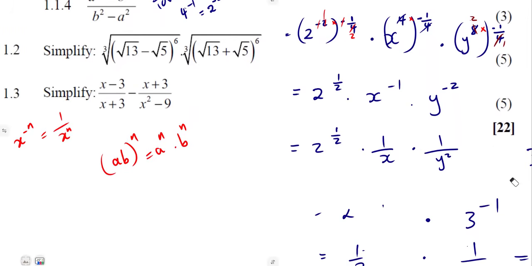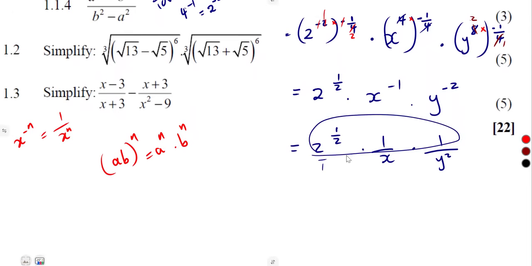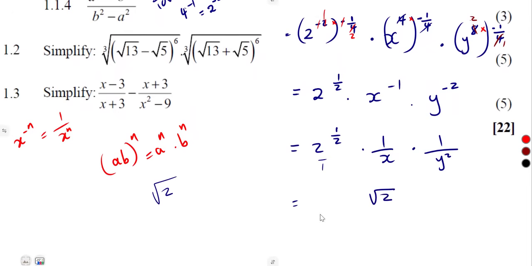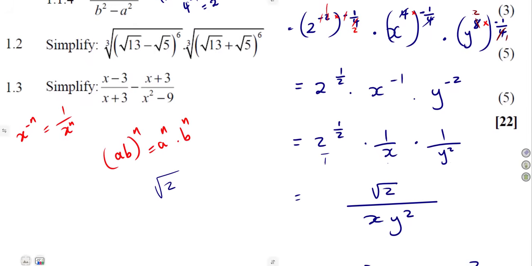All right. So take note here. We can simply multiply what is in the numerator. We multiply this. So that's 2 to the exponent of a half, which is the same as the square root of 2. Then 1 times x times y squared is x y squared. So this is what you're going to have at the end in simplest form.